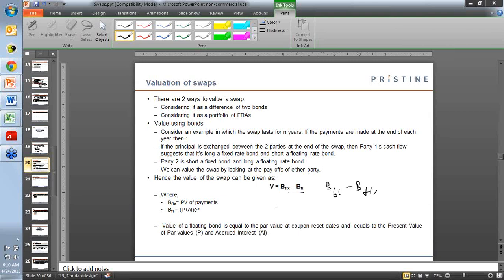B fix is the present value of the fixed rate payments, and B FL is the present value of the floating rate payments. If a company has an inflow of fixed rate payments and an outflow of floating rate payments, we use this formula. If the company has an inflow of floating rate payments and an outflow of fixed rate payments, we use this formula.